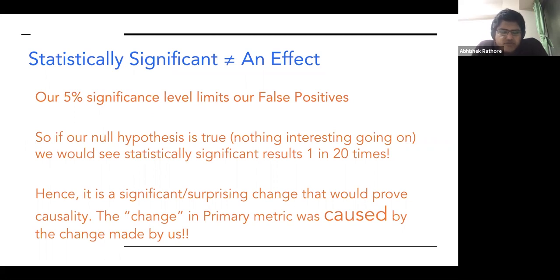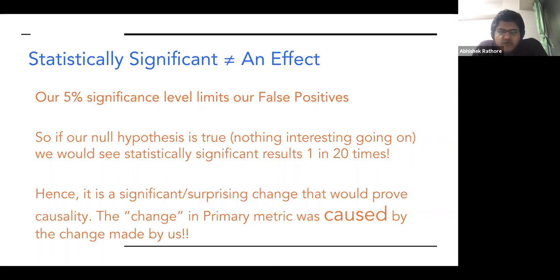So if we see a very significant result, we can say that it is a very surprising and significant change, and in that case, the change in the primary metric was caused by the change made by us. So we prove causality because of this, and that is one of the basic premises of running experiments.